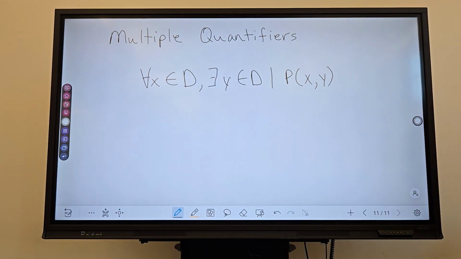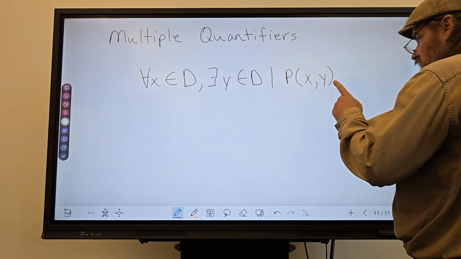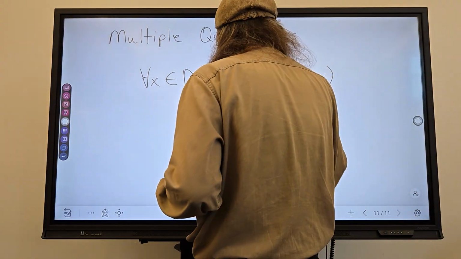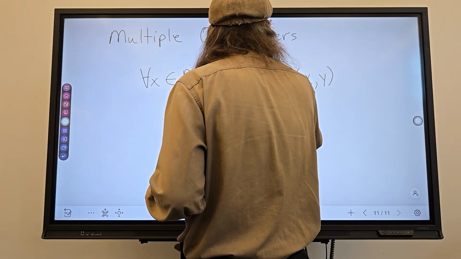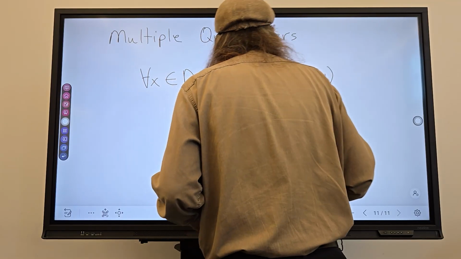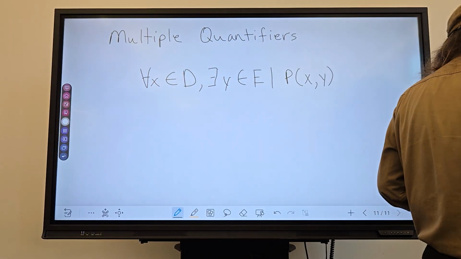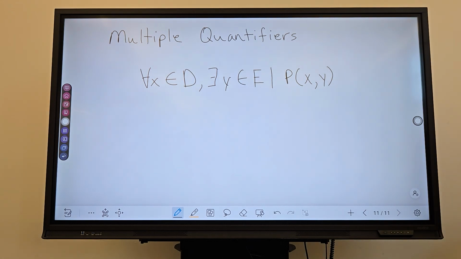Why? Oh, this does not have to be the same. It could be an element of E. Y could be an element of a different set, a different domain.